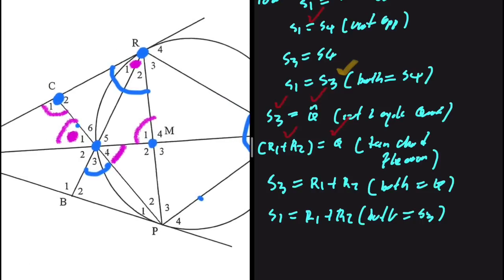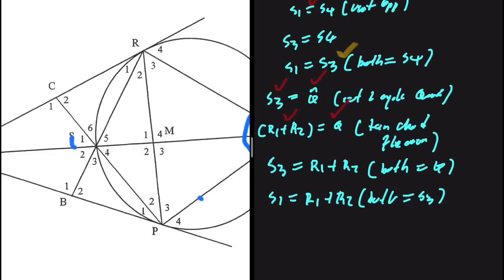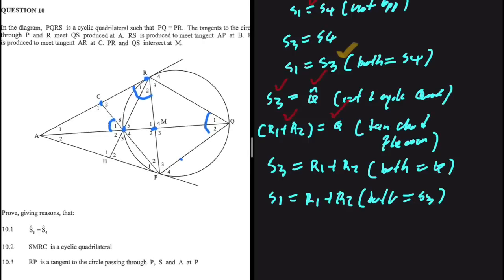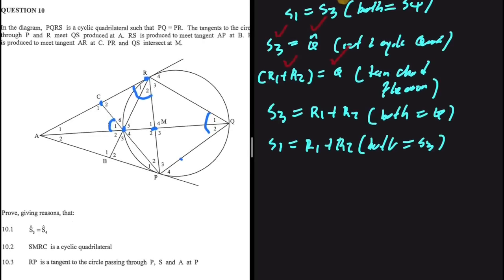Okay, so let me just erase for the sake of clarity. We have proved that S1 is equal to R1 plus R2. So SCRM is indeed a cyclic quad because, so what are we saying?